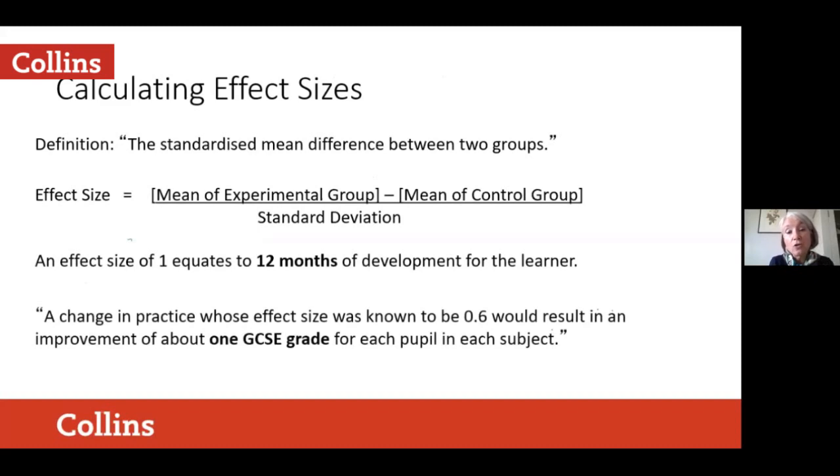And to cut a very long story short, if we can get students starting to implement metacognitive skills, understand their own learning, and start to implement skills that help them personally, the result is an improvement of 1 GCSE grade for each student.